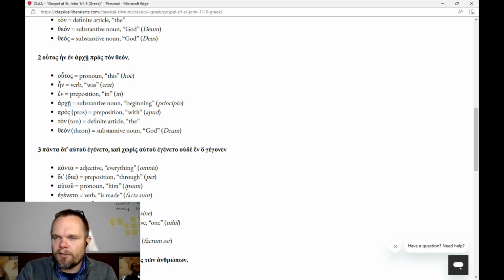We then have the conjunction kai again, which means and, and the preposition choris, which means without. After choris, if you look up at verse 3, you'll see we have panta di autou egeneto kai choris autou. You'll see autou is repeated here.